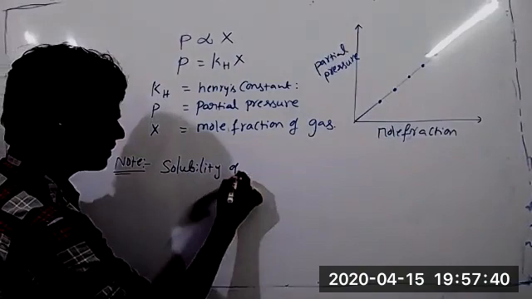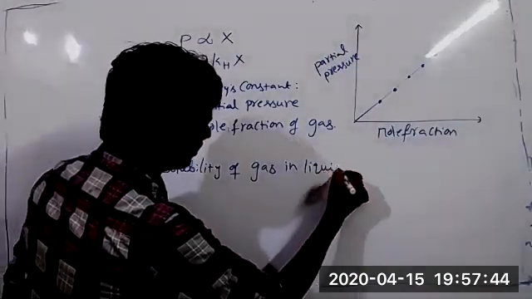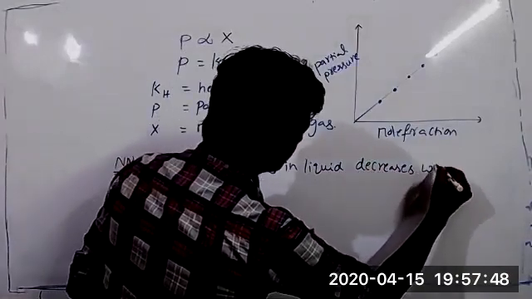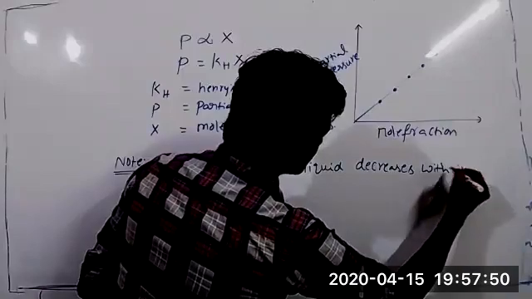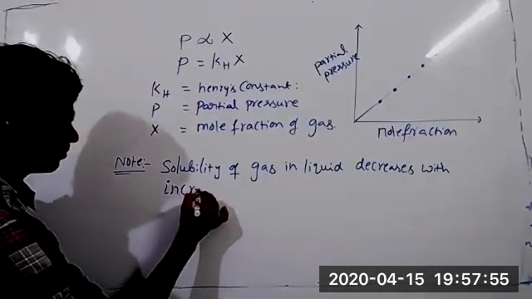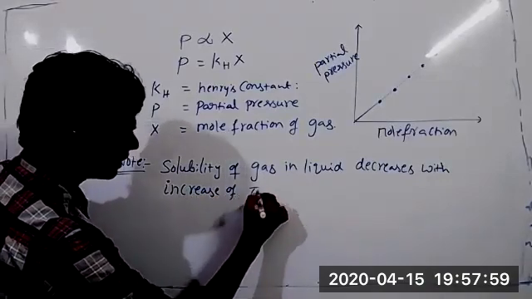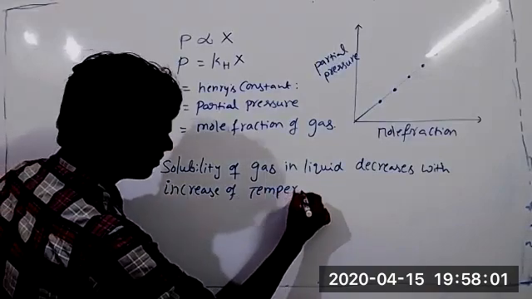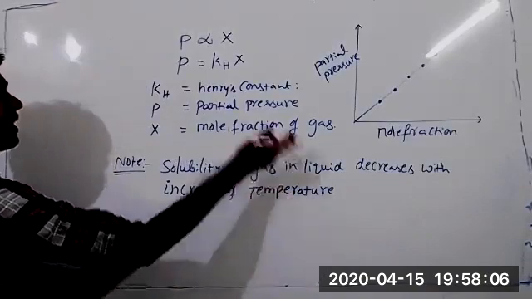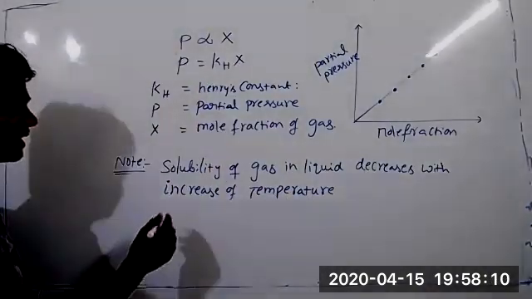Solubility of gas in liquid decreases with increase of temperature. Actually, with increase of temperature, KH value increases. That's why solubility of gas in liquid decreases.